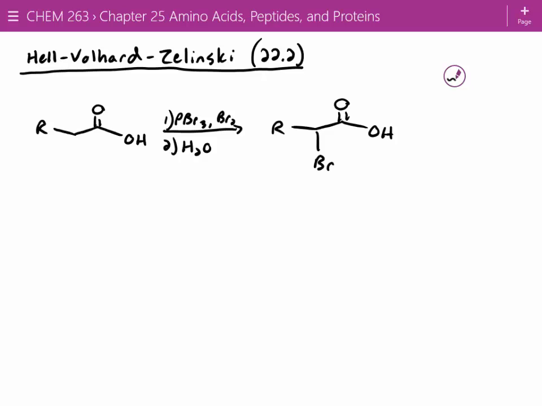This was one of the ones on our exam that people were struggling with a bit, but hopefully we remember it now. The tricky thing with this reaction is you end up scrambling stereochemistry. You don't get an enantiopure compound. So this is racemic.